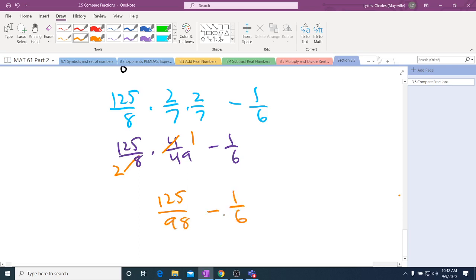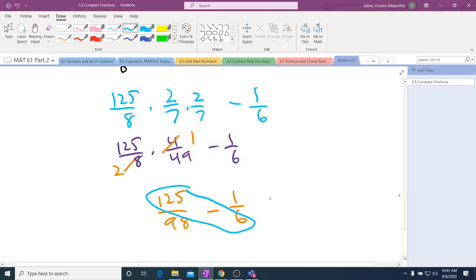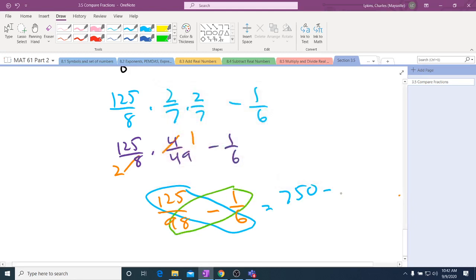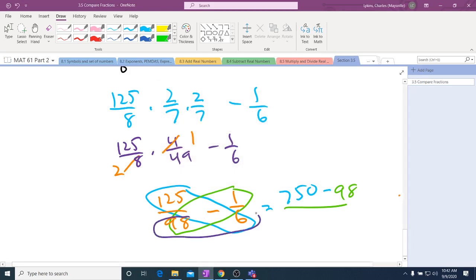Minus 1 over 6. My last thing, what I want to do is I'm going to do my cross multiplying again and say, okay, 125 times 6, which I get 750, minus 1 times 98 is 98. 98 times 6 I'm going to put on the bottom. I get 588.